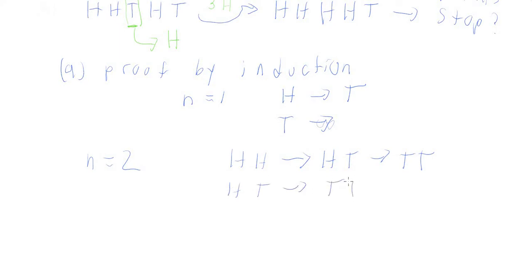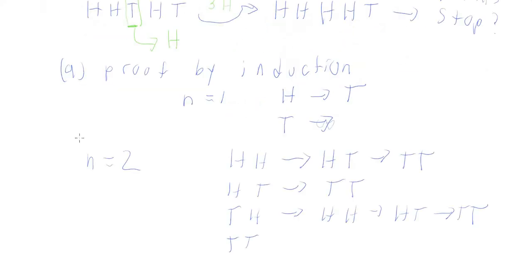This goes to TT, TH. This goes to HH, which we already know goes to HT, and that goes to TT. And then finally TT stops. So that's our 2 base cases, and then we can prove by induction, right?